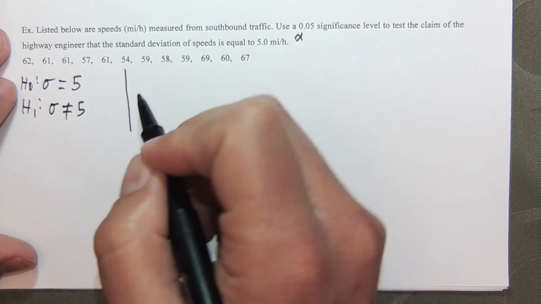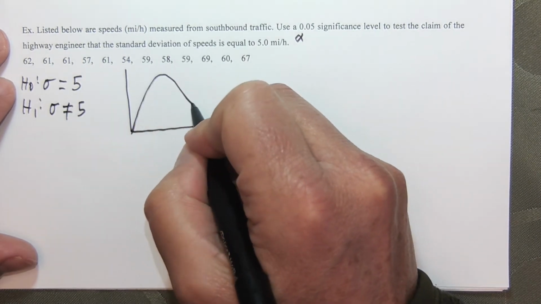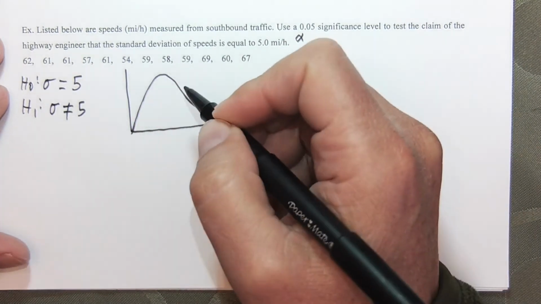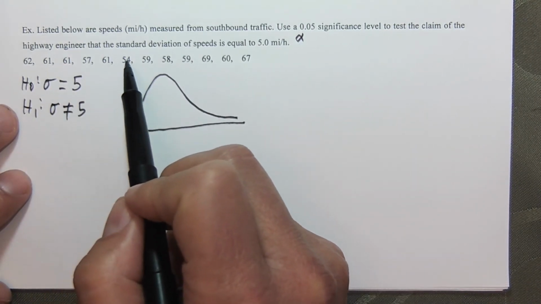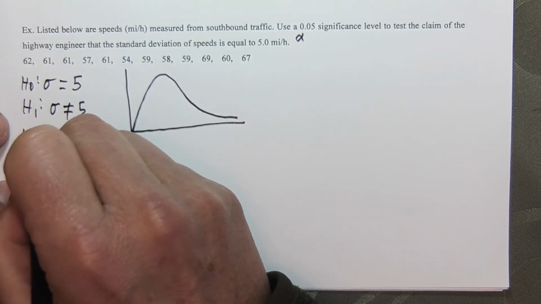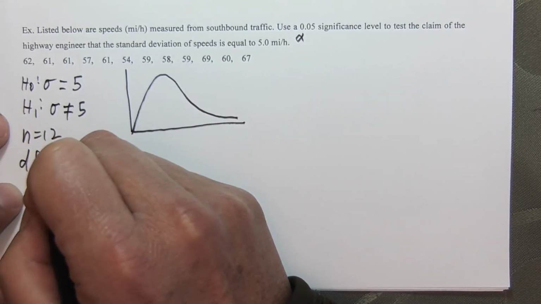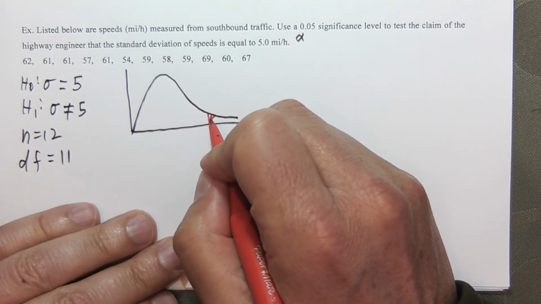And we'll draw our chi-squared graph again. Now, there are 1, 2, 3, 4, 5, 6, 7, 8, 9, 10, 11, 12. N is 12 in this case, which means my degrees of freedom is 11. This tells me that I'm going to have a two-tailed test, so I'm going to have two critical values.